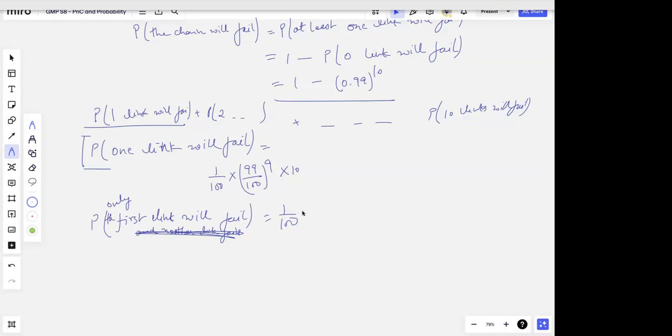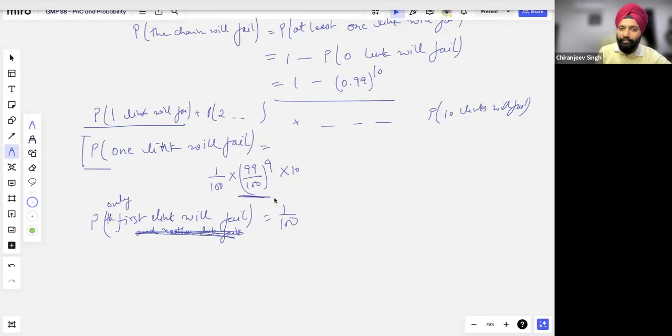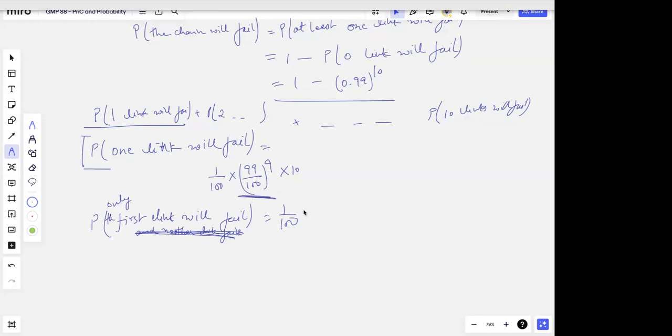You're not multiplying with this? Yes, the other 9 will not fail, so 99.